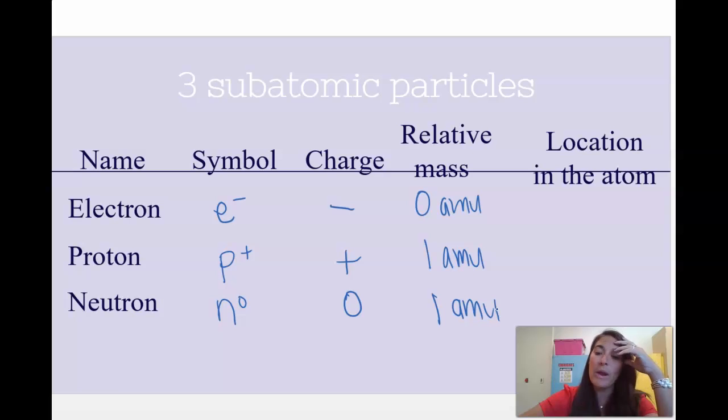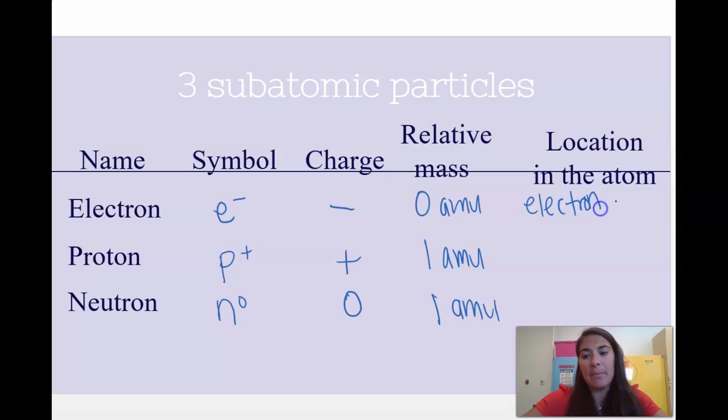And so where these things are, right, that was the whole point of these models. They were discovering these subatomic particles over time, and they were able to locate where these subatomic particles are going to be located. So our very current model of the atom talks about how electrons are in that electron cloud. And if you remember, we said that electrons are moving super fast, right, all over.